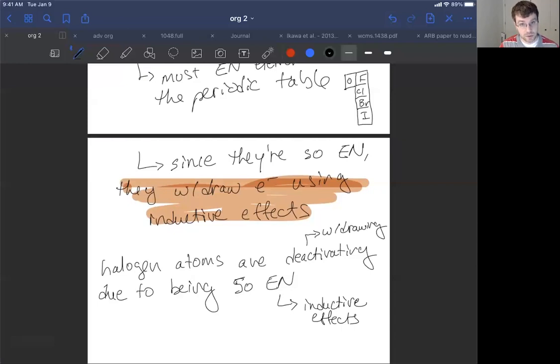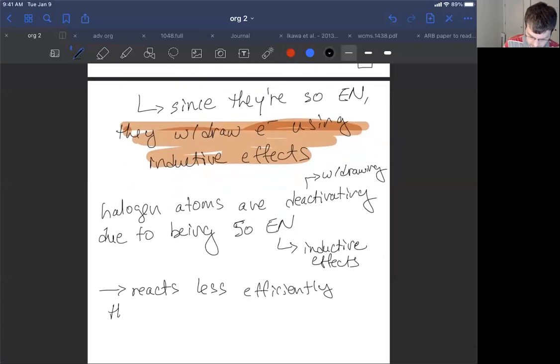We'll see slower reactions than we would see with benzene by itself. So it reacts less efficiently than benzene in EAS reactions. Okay, it's just kind of what happens.